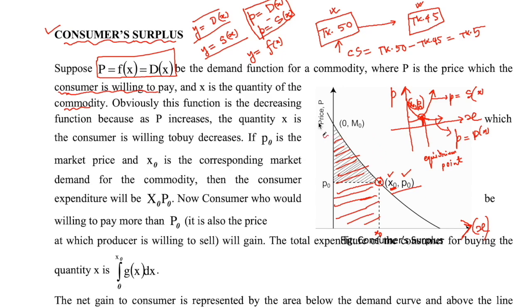Since this is the demand curve, the total amount of money consumers are willing to pay is the whole area under this curve from 0 to x0. So how can we calculate the total area? Through integration. In our last class I probably said integration calculates the area between two curves or the area under a curve.